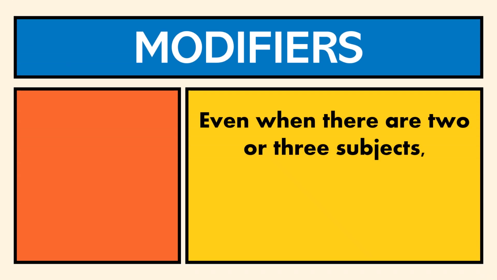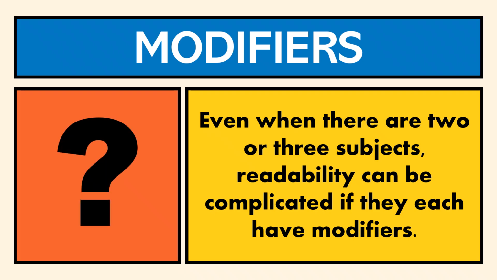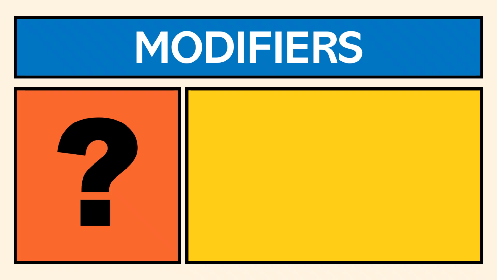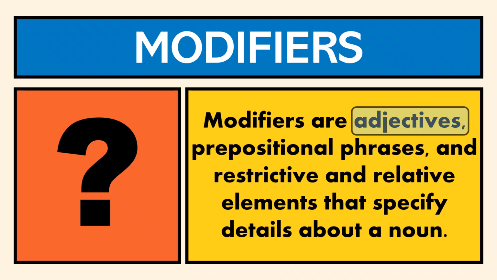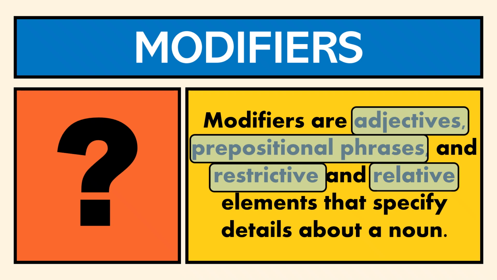Even when there are only 2 or 3 subjects, readability can be complicated if they each have modifiers attached to them. But what exactly is a modifier? In short, modifiers are adjectives, prepositional phrases, and restrictive or relative elements that specify details about a noun.